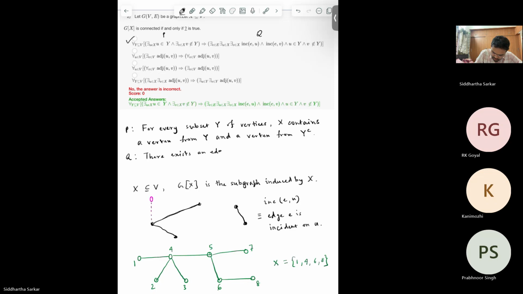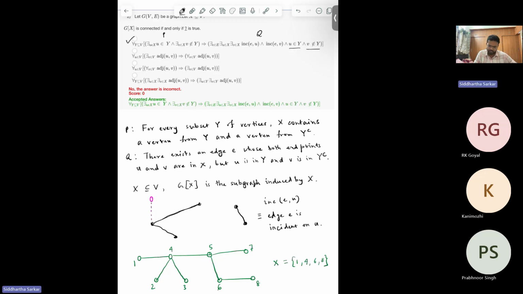So there is an edge completely within X, but U is in Y and V is outside Y, in Y complement.